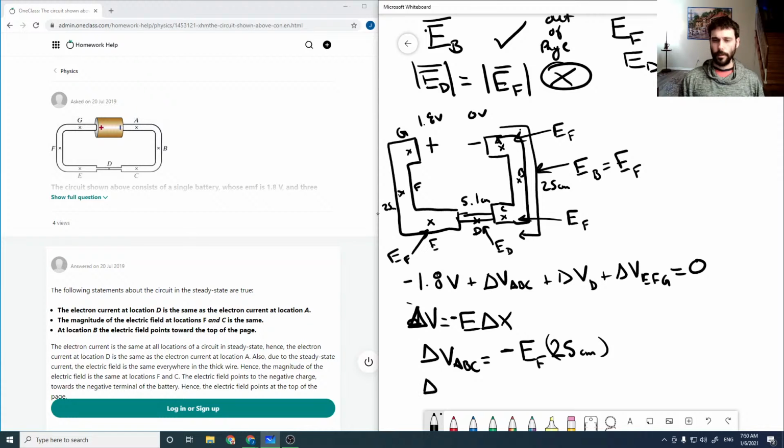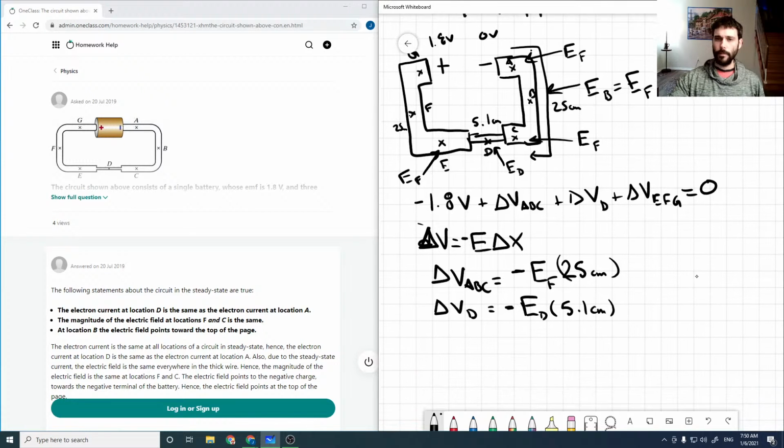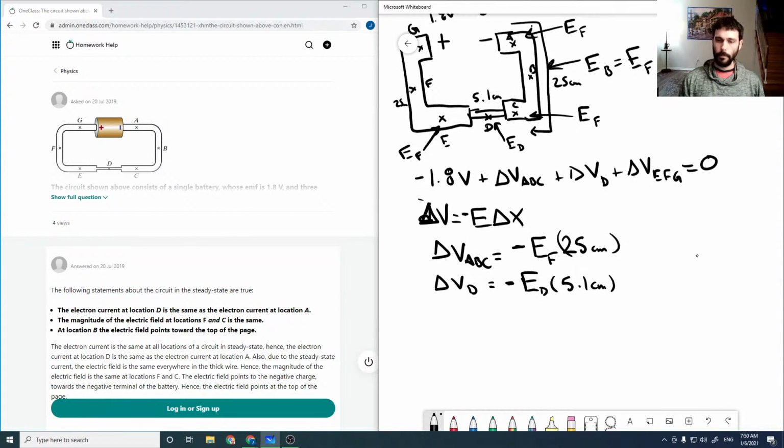Our delta V D is just minus ED times our length, which is 5.1 centimeters. And our delta V EFG is just minus EF times another 25 centimeters.